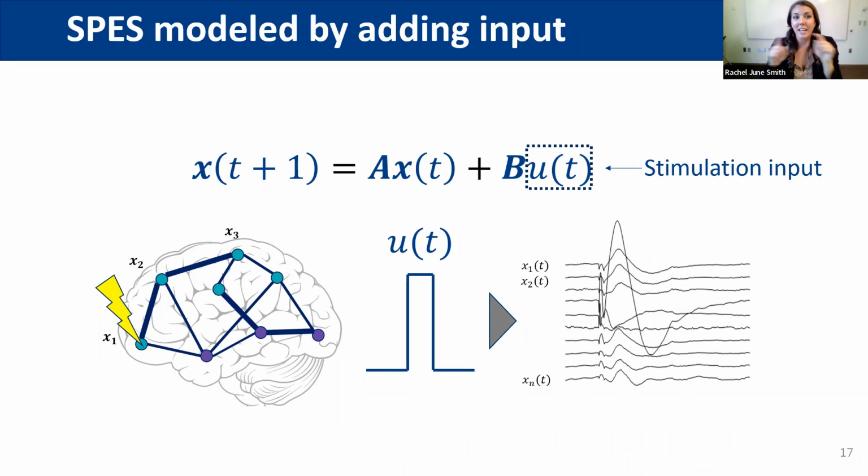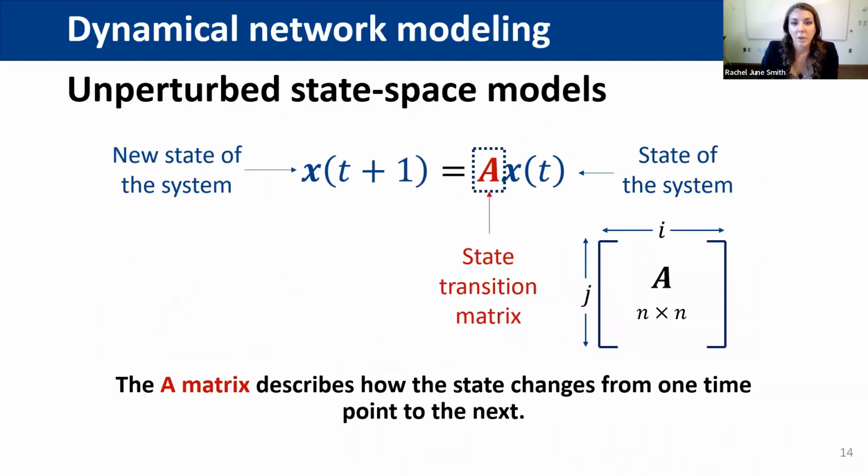But this dynamical network is estimated in a way that, like what I was showing here, and I feel like I didn't explain this very well, what the structure of the A matrix is actually saying is that at every element, it's showing how the node in that specific column is directing the activity of the node in the row.